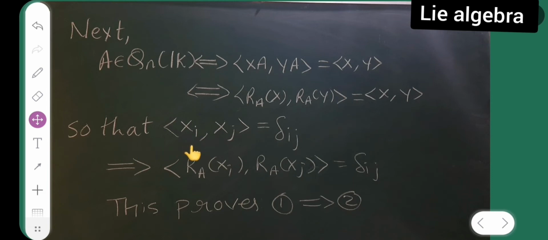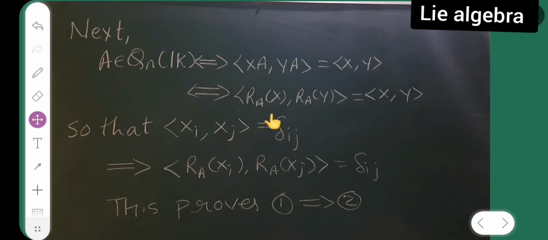So that the inner product of xi comma xj is equal to delta ij. Now this implies what? The inner product of Ra of xi comma Ra of xj is equal to delta ij.